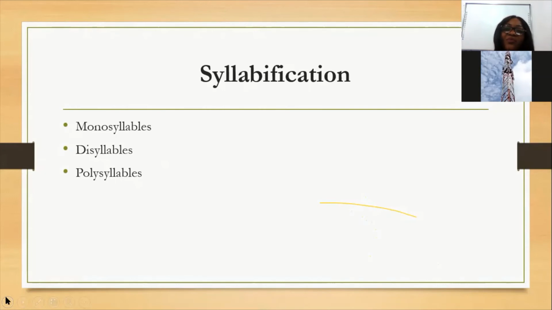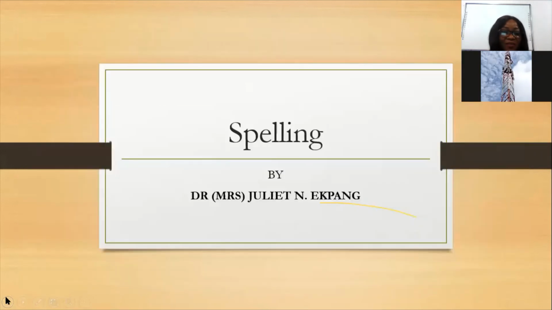These words are made up of 3 or more syllables. Like syllabification, for example, is made up of about 5 syllables. These are different syllables. Okay, now that brings us to the end of our summary on phonetics.